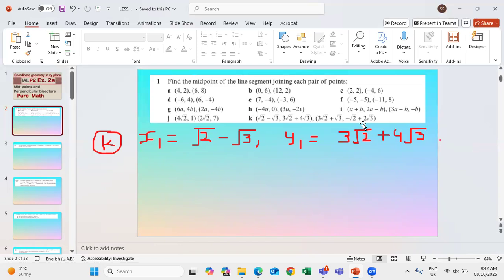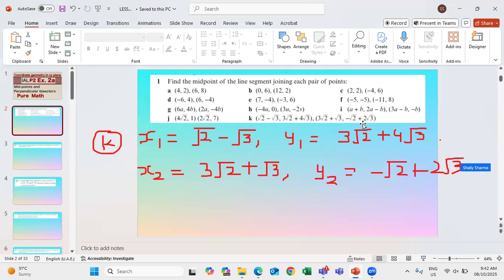Then we have the second point: x2 is 3 root 2 plus root 3, and y2 is minus root 2 plus 2 root 3. Now you have to recheck that you have noted them down correctly. Root 2 minus root 3, 3 root 2 plus 4 root 3. Yes. The second point is 3 root 2 plus root 3 and minus root 2 plus 2 root 3.